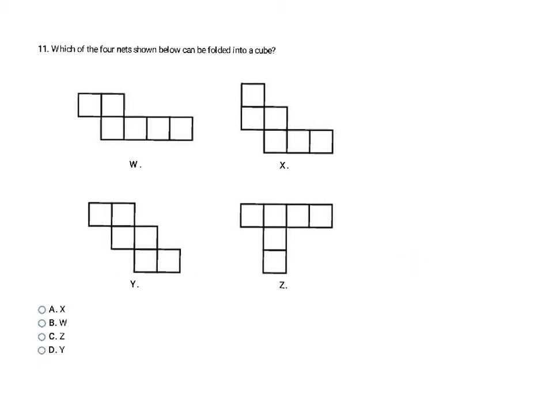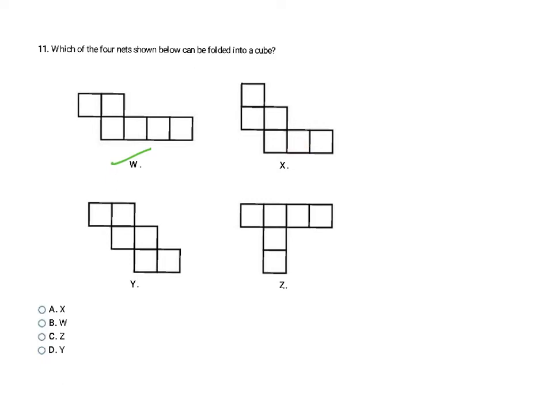And so here, if I folded this one up, this side would come up and this side would go over here and this side would go up here, and then this one would be my top across from my bottom. But this one would go and be on the left side also, overlapping and leaving this front side open, so it can't be W.